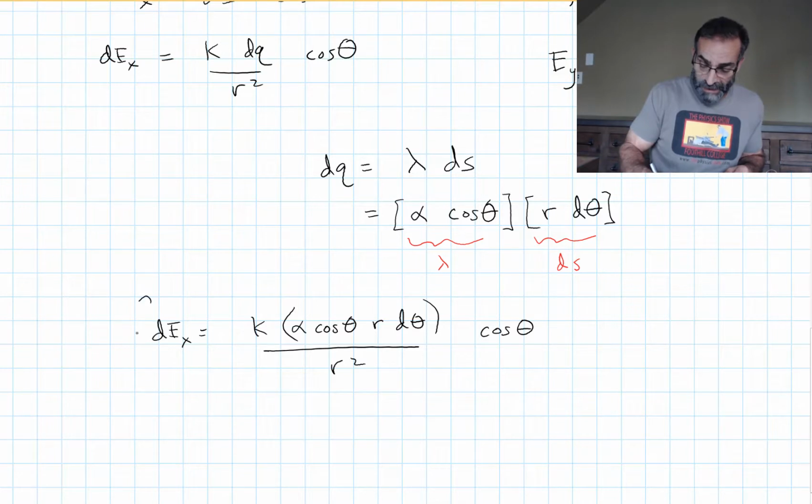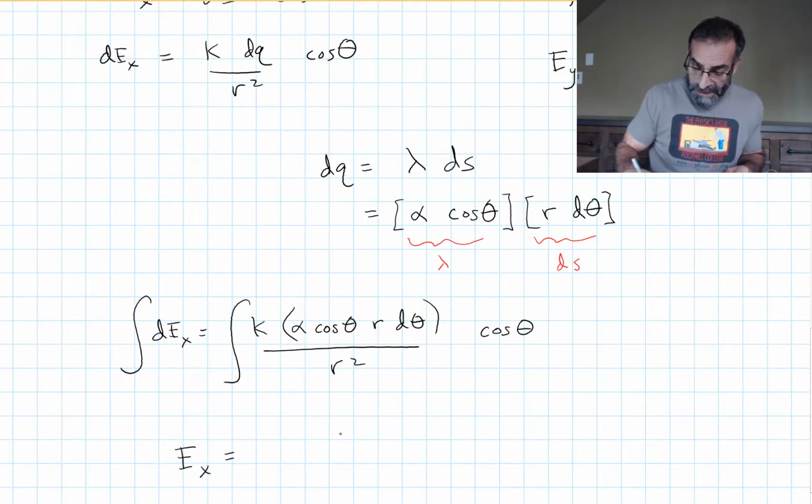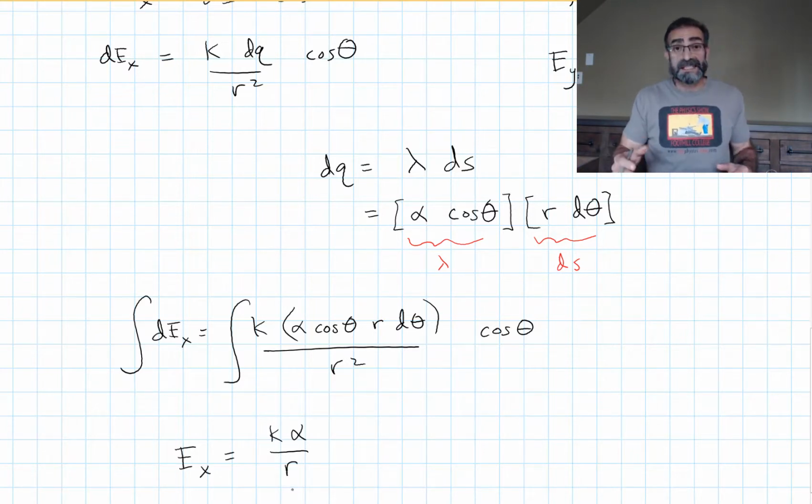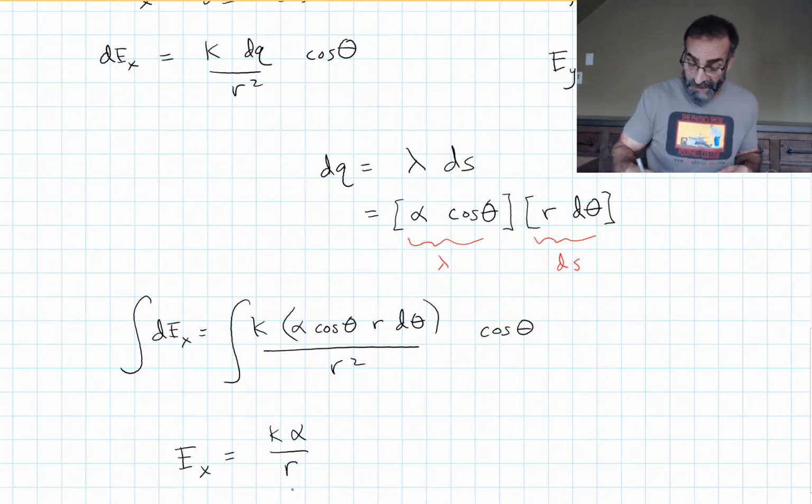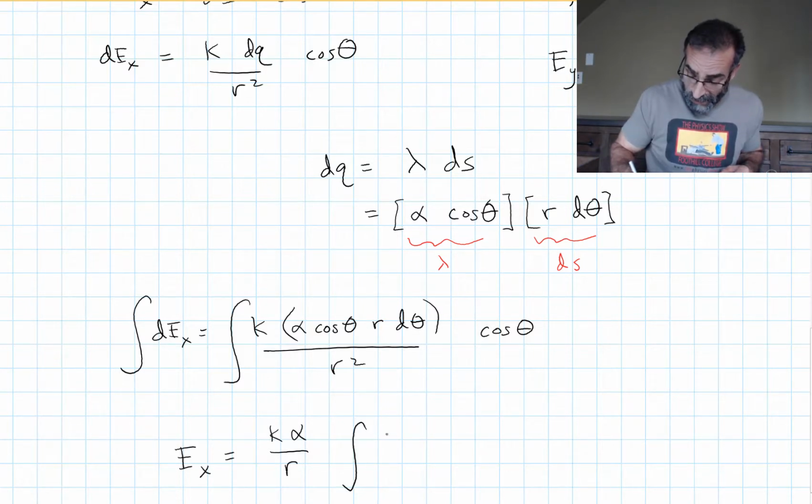So we want to integrate both sides. The left side becomes E sub x. We'll bring our constants out in front of the integral. We have an r over r squared, which is 1 over r, and r is constant in this case. And we have an integral of cosine squared theta d theta.